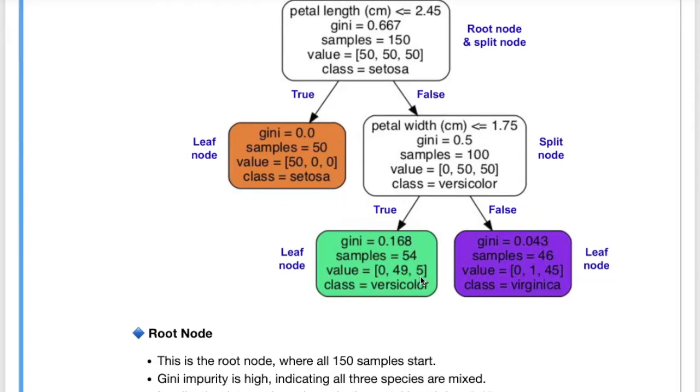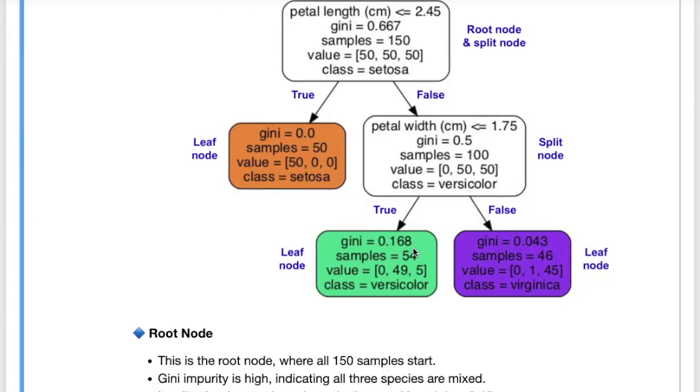We have a few misclassified points, but if we calculate the Gini score, because that's how we can calculate whether a split is good or not based on this purity score, it is 0.168, which is close enough to 0.